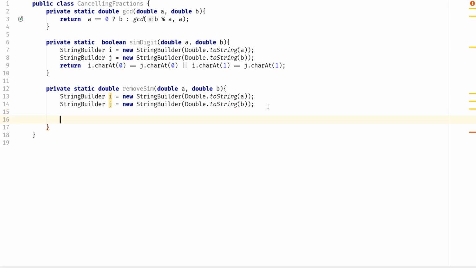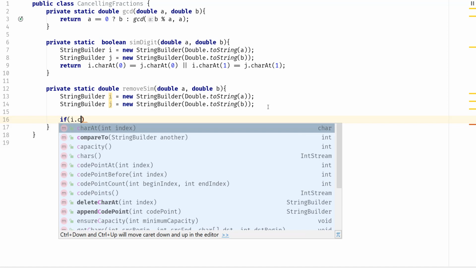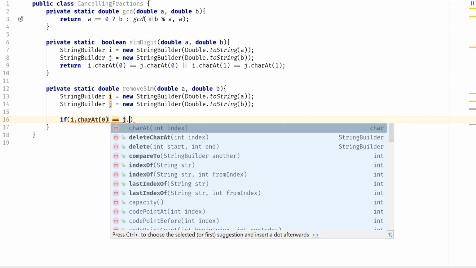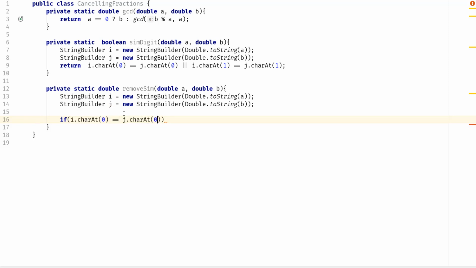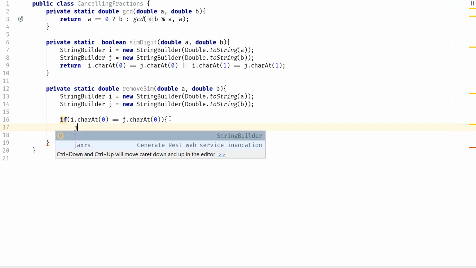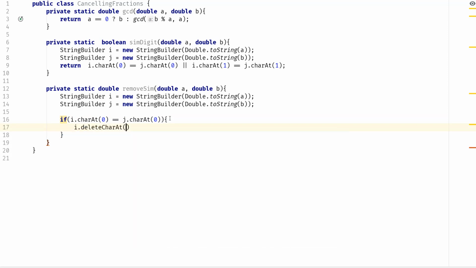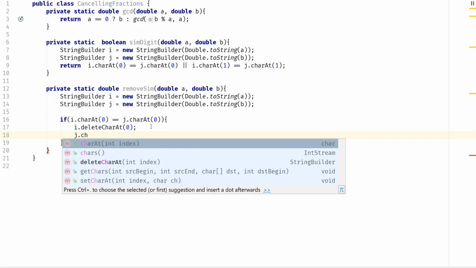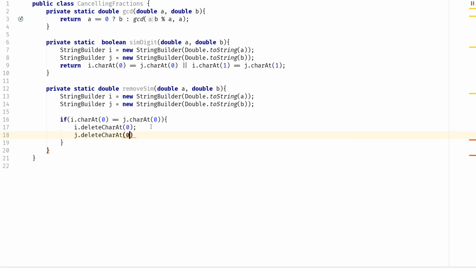All right, so what we can do is we say if i.charAt(0) is equal to j.charAt(0), then we want to do a few things. We want to say i.deleteCharAt(0) and j.deleteCharAt(0).